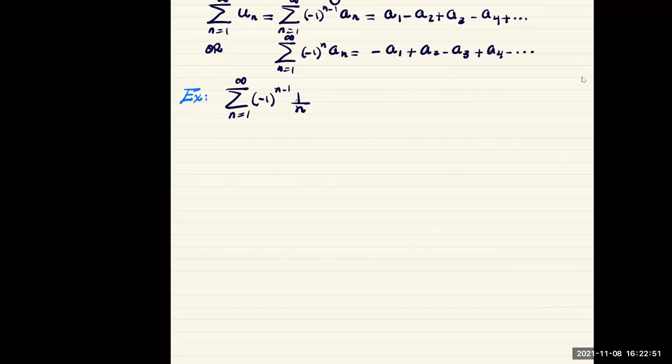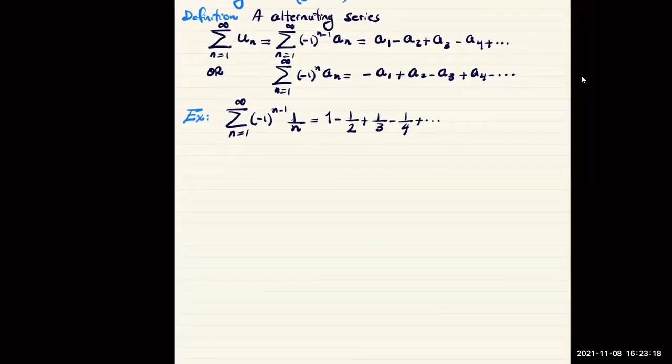You expand this, plug in n equal to 1, you get -1 to the 0, which gives you positive 1. The second term will be a negative. So the first term is positive: 1 minus 1/2 plus 1/3 minus 1/4, and so on.